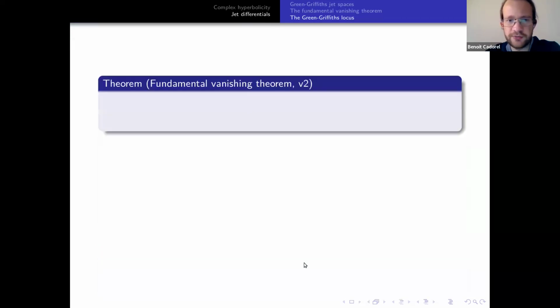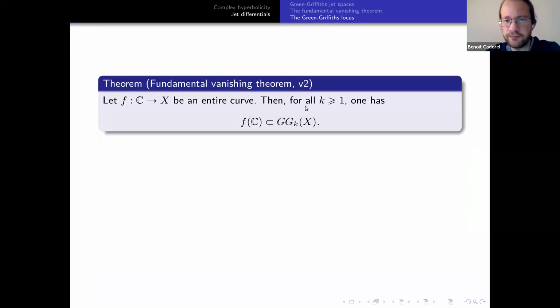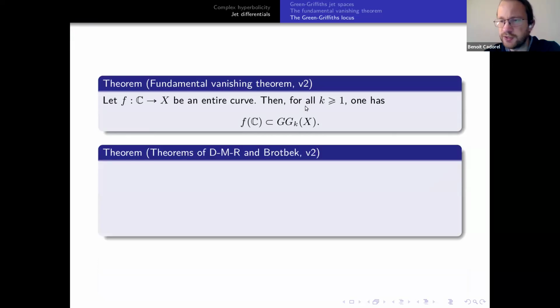And so this is precisely what has been done. So let me recall the theorem. This is precisely what has been done in the theorems of Diverio-Rousseau and Voigt-Beck that I presented earlier.